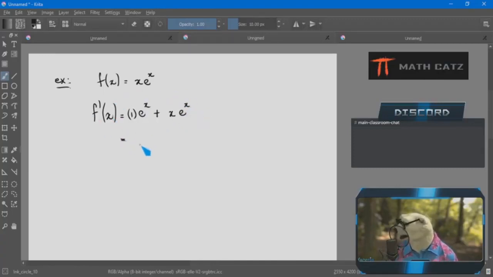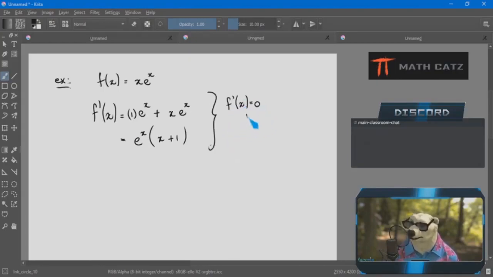I want to know, moving forward, what is the best version I can get? Well, I'm going to take an e to the x out, and I'll have an x plus 1 or a 1 plus x left. That's the best I can make it look. I have a positive exponent there, so it stays above the line. Then I want to check, where is the derivative 0? Where is the derivative undefined? Always those two things. No more, no less.